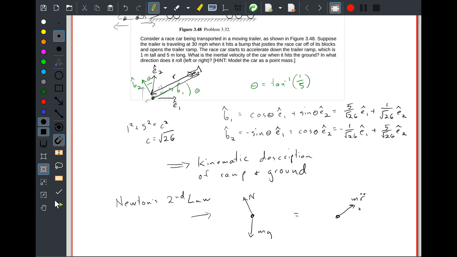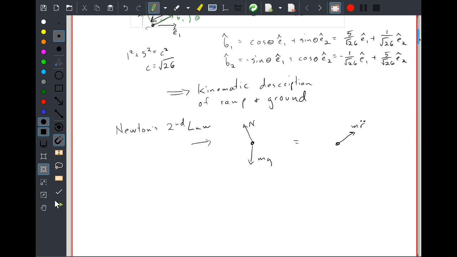So it's going to be pointing backwards, so that r double dot should be a negative value. So here I have m r double dot equals negative mg sine theta.